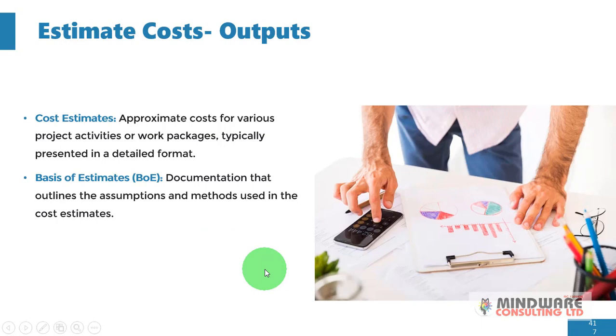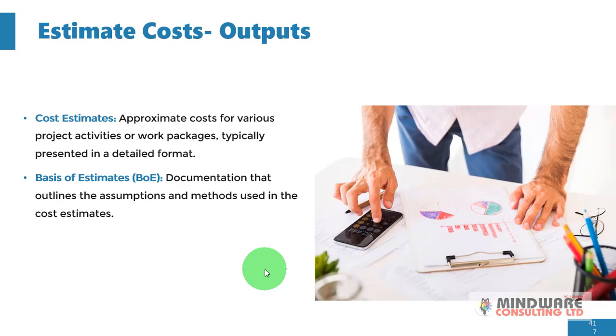So you're not just going to produce a cost estimate. You also need to provide the assumptions, all right, how you came about the costs of these activities or the projects, holistically.